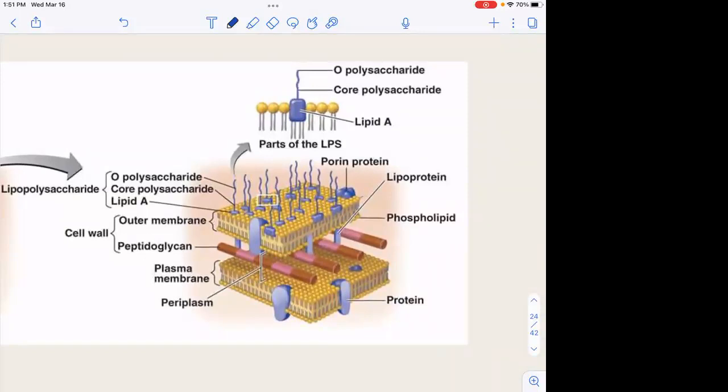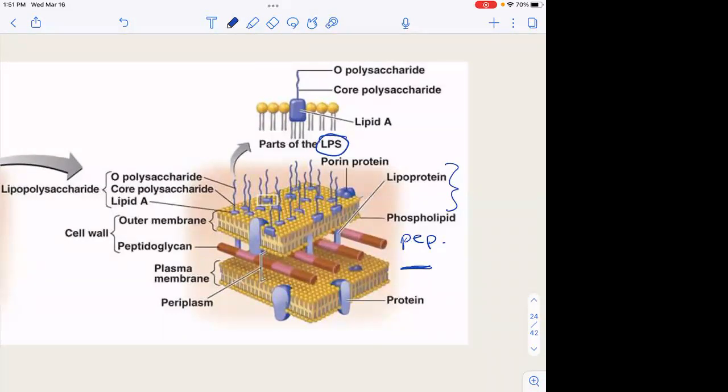But remember our structure back in chapter 3 of the gram-negative cell wall. Here's the cell membrane down here. We have a small layer of peptidoglycan, a thin layer. And then the outer membrane here is composed of a phospholipid membrane, as well as these blue structures here, the lipopolysaccharide.